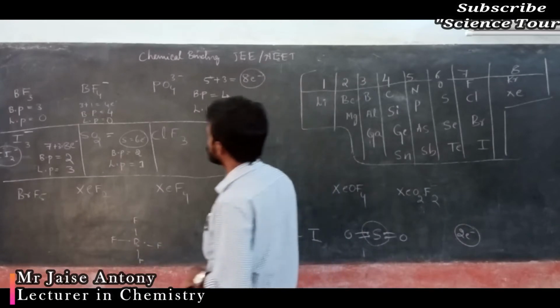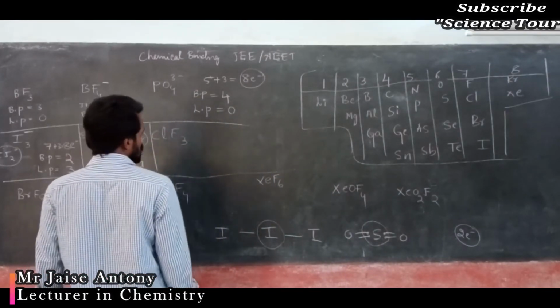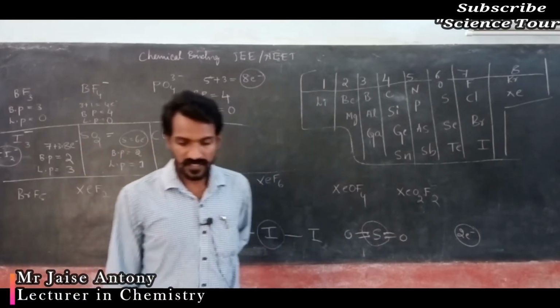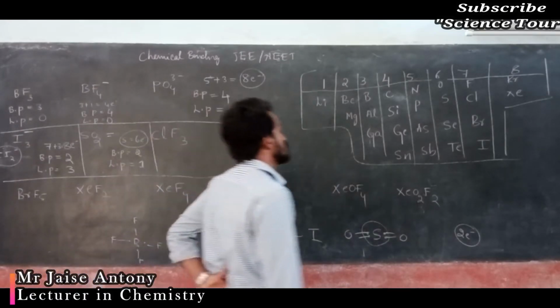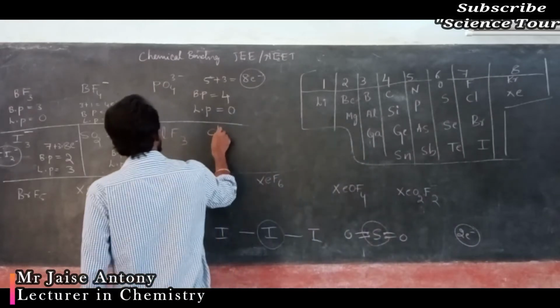Okay. My dear students, here ClF3. Cl is the central atom. What is the valency electron of Cl? 7. Cl having 7 electrons.